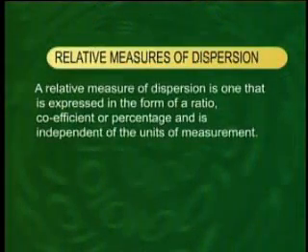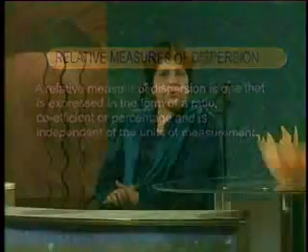Formally speaking, a relative measure of dispersion is one that is expressed in the form of a ratio, coefficient, or percentage, and as such it is independent of the units of measurement. The benefit of computing a relative measure of dispersion is that because it is a pure number, it can be used for purposes of comparison. You are able to compare the dispersion of one data set with the dispersion of another.